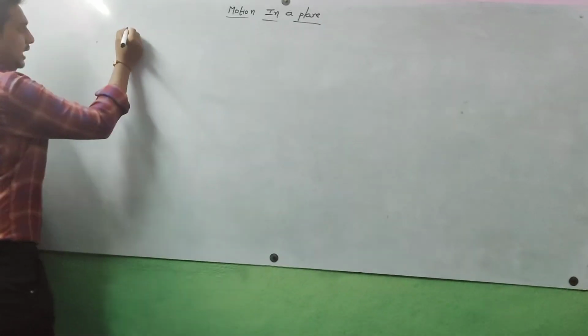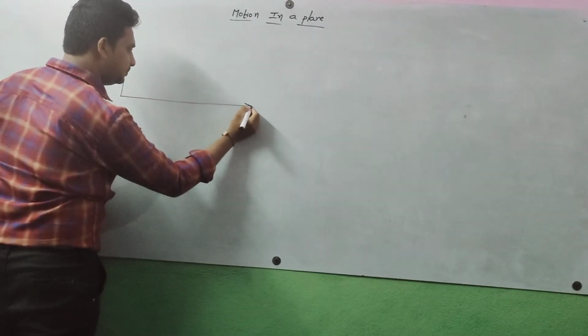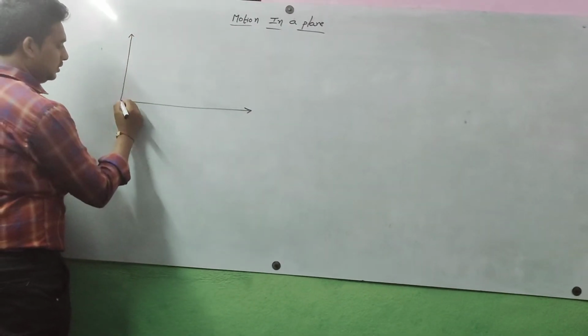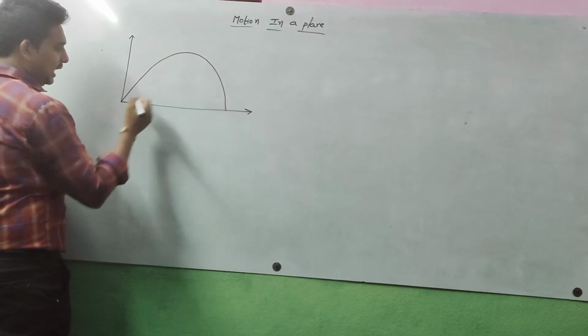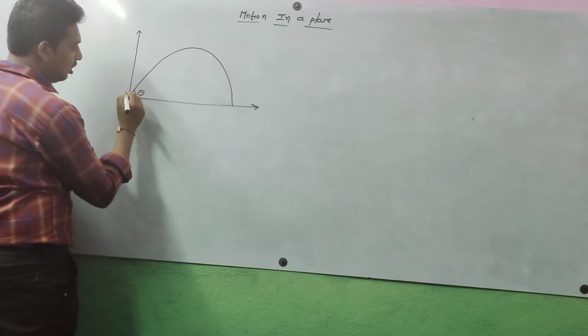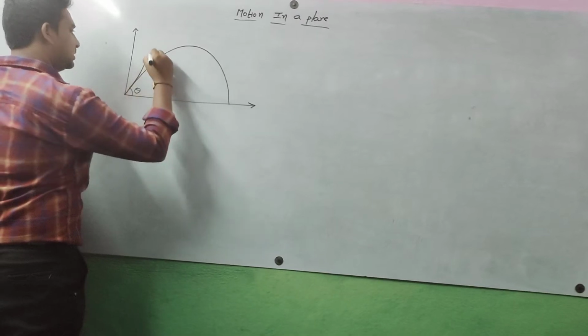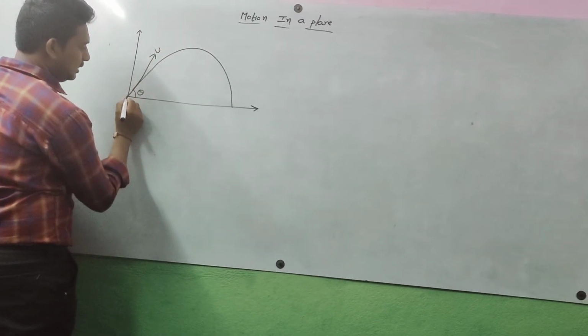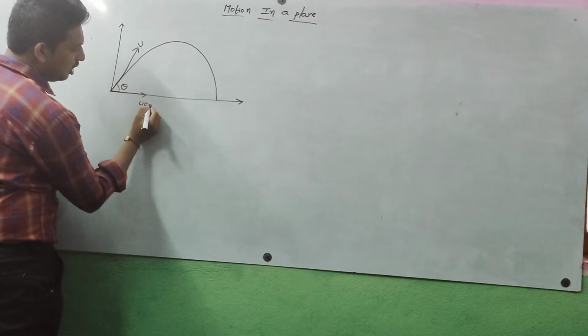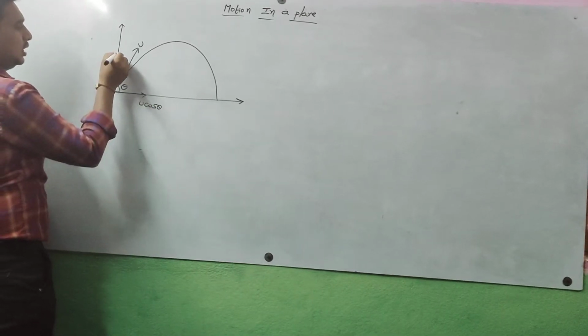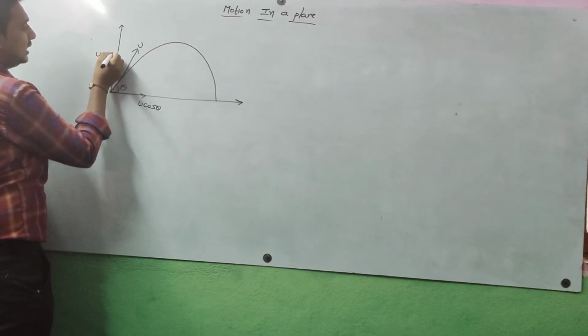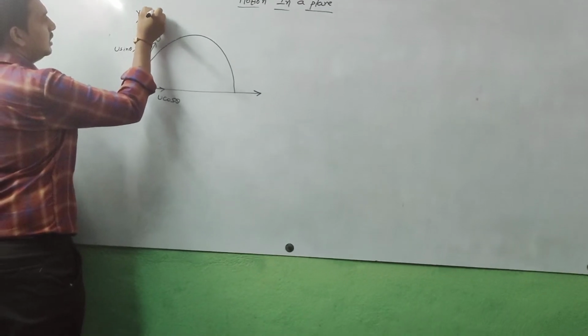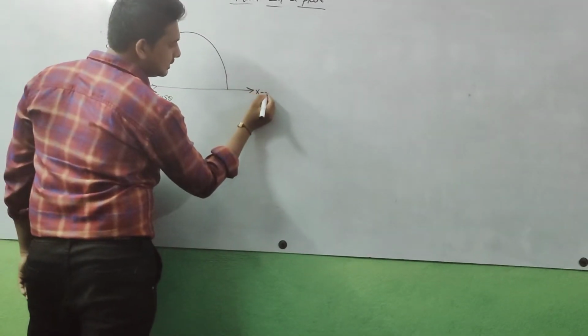First of all, draw the diagram. Body projected into the air, it made angle theta with the horizontal. It is projected with velocity u. It is resolved into two components. Horizontal component is u cos theta, vertical component is u sin theta. This is y axis and this one is x axis.